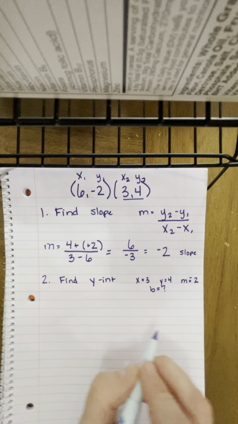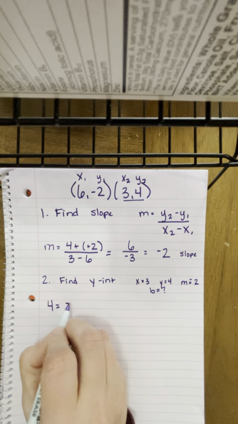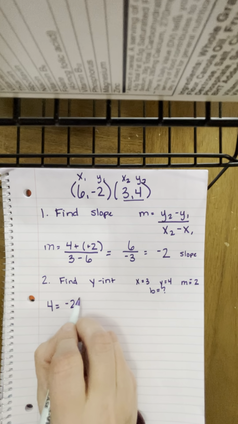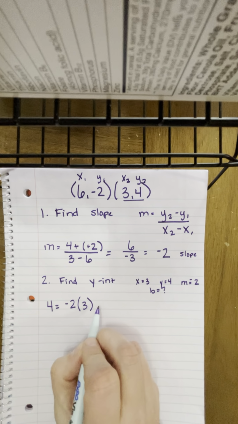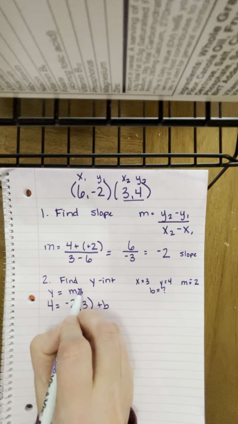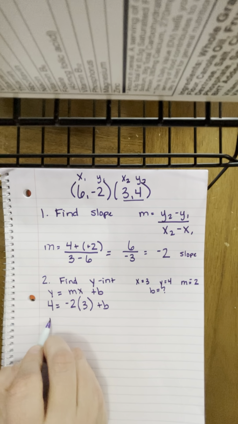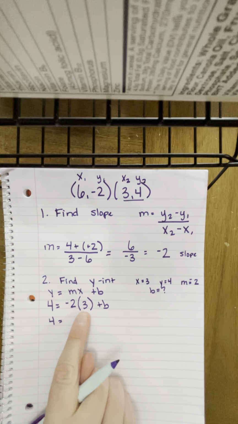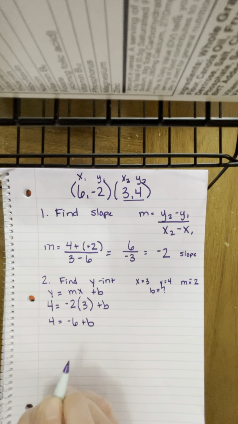So I start with Y is 4 equals -2 times 3 plus B. Y equals mx plus b. Now I simplify. 4 equals -2 times 3 is -6 plus b.